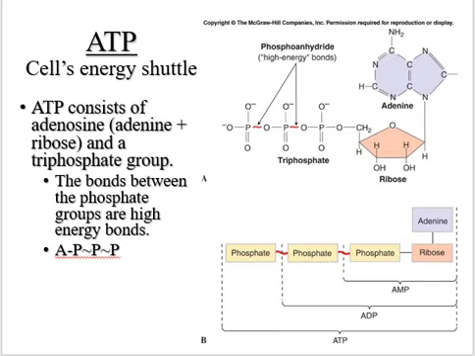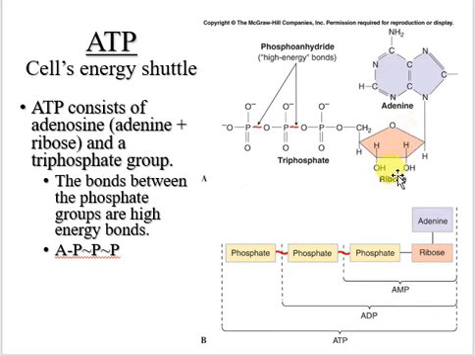So let's talk first about ATP, right? ATP you can think of as being the cell's energy shuttle, or the cellular energy currency. ATP stands for adenosine triphosphate. Its internal structure is actually an RNA nucleotide, right?